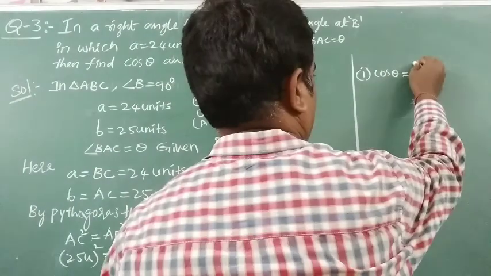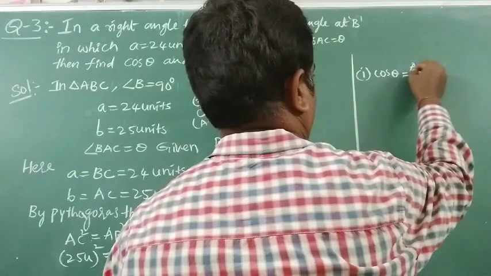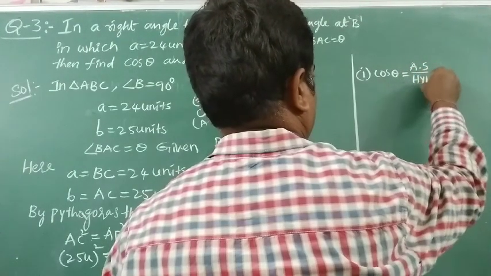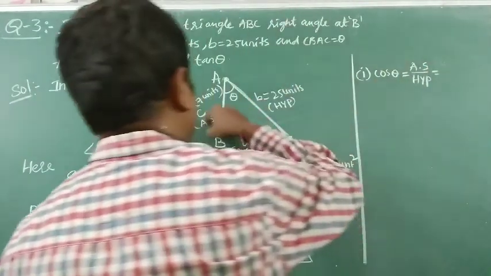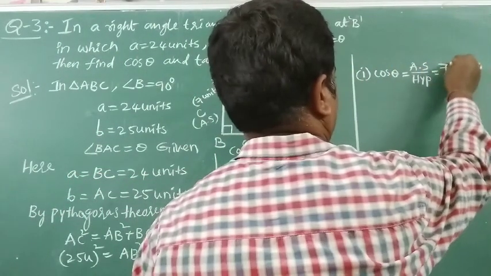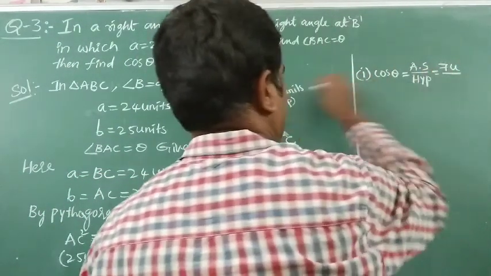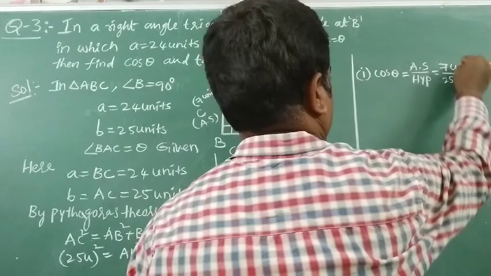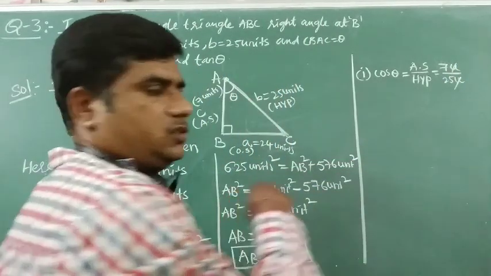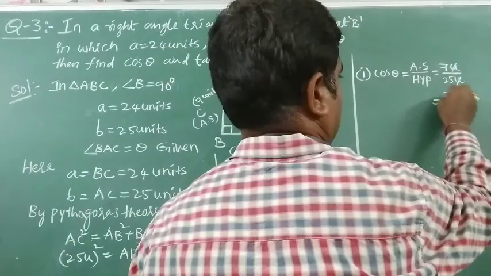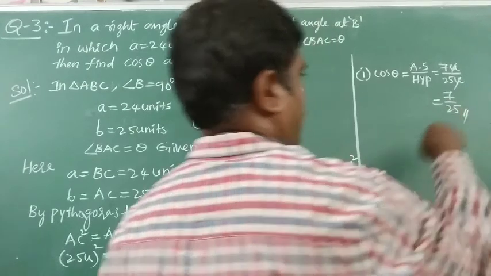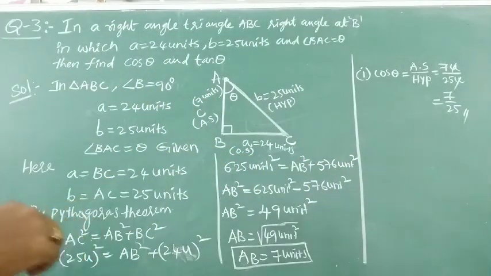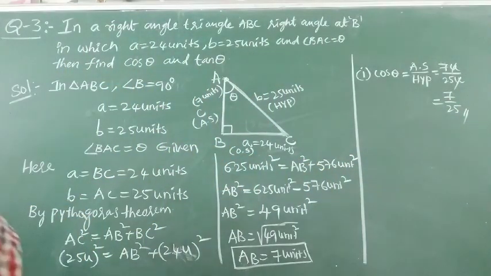So cos theta equals adjacent side by hypotenuse. The adjacent side is 7 units, the hypotenuse is 25 units. Units get cancelled, so cos theta value is 7 by 25.